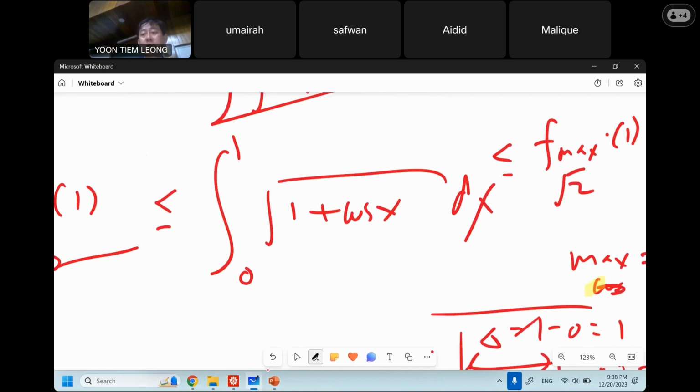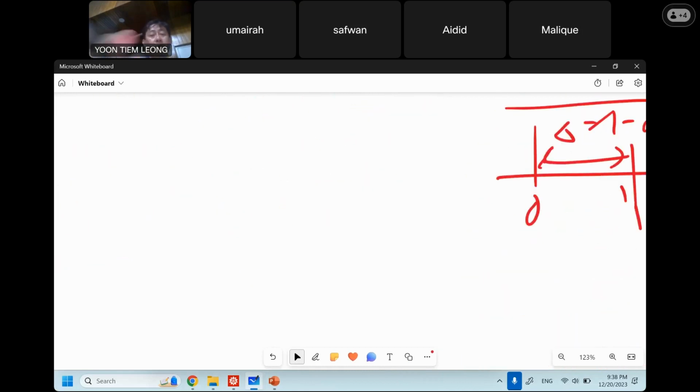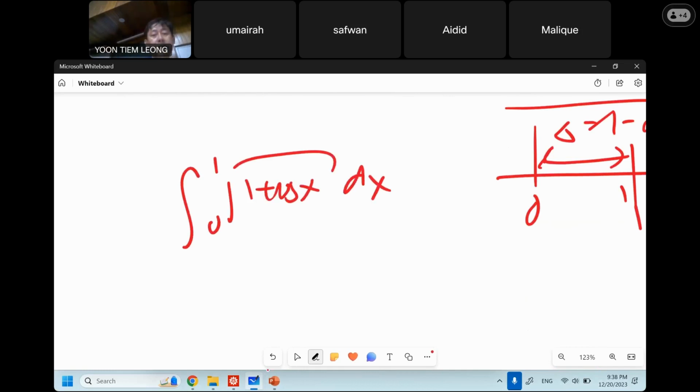And this is just square root of 2. So I have just shown that the definite integral of cos of x dx must be larger than or equal to 1, and it must be smaller than this one.